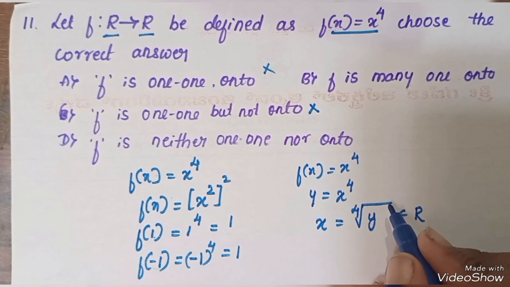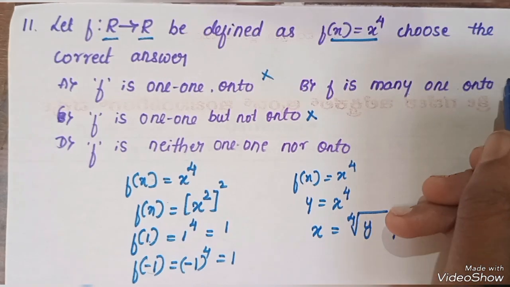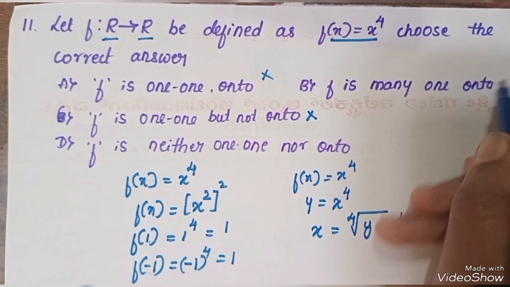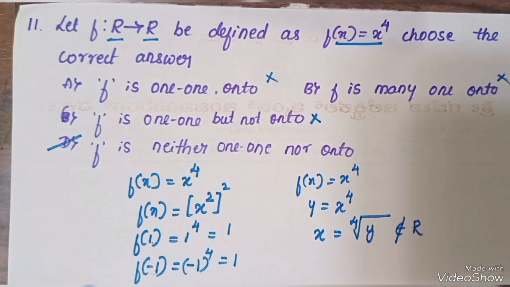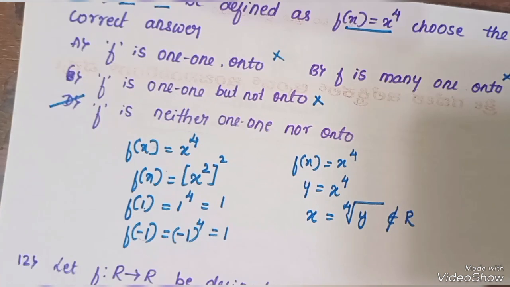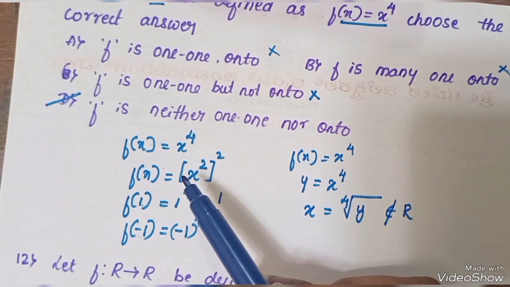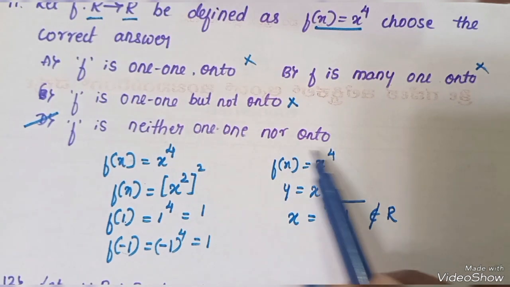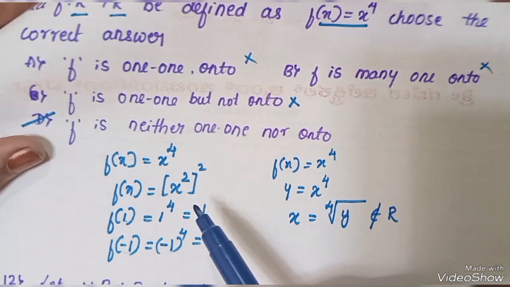Therefore, it is not a real number. Hence, it is not onto. If in this option they have given onto function, it is not onto, then the correct answer is f is neither one-one nor onto. We check the multiple choice questions by taking values and checking them.